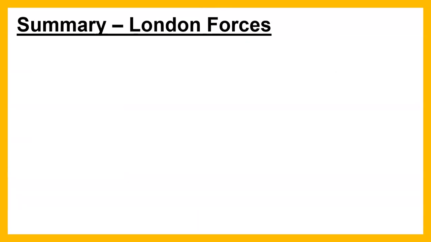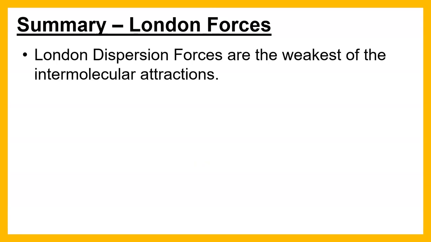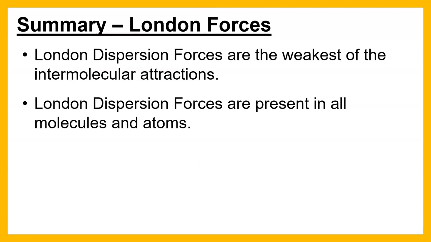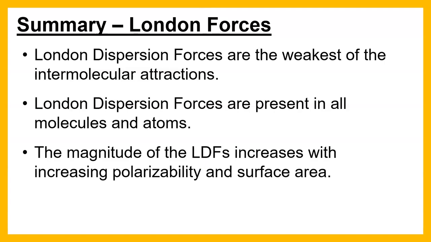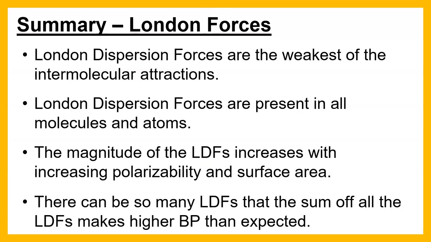So just a real quick overview, right? London forces are relatively weak. Everything has London forces. The size, the amount, the magnitude increases with increased polarizability and surface area. And it's very key that you understand that you can have so many London forces that they add up to be impactful.